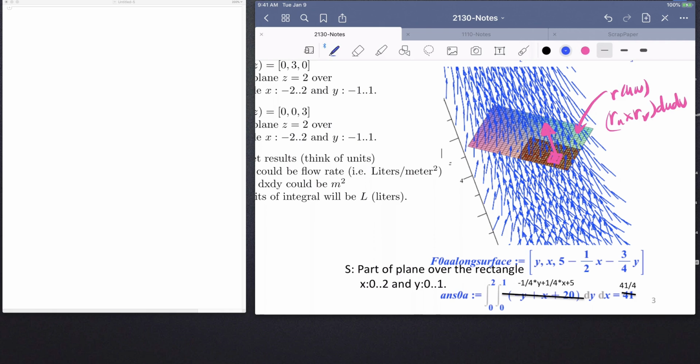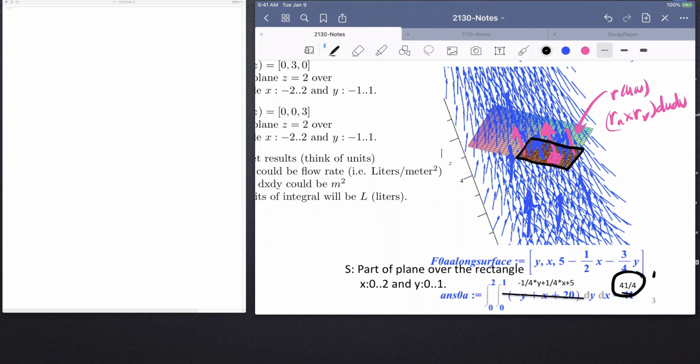And because the vector field is this blue thing, every time the vector field on this part of the surface was pointing in the same direction as the normal vector. So the surface and the vector field were all pointing in the same direction. And so there was a net positive flow through this surface of 41 over 4.